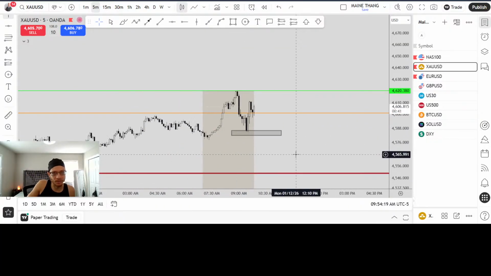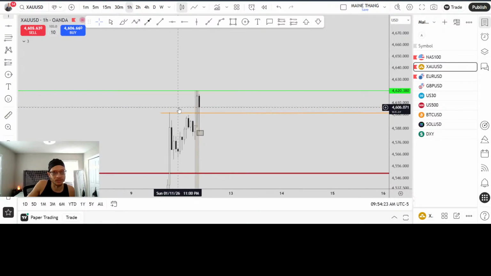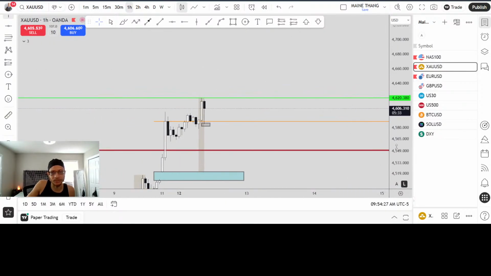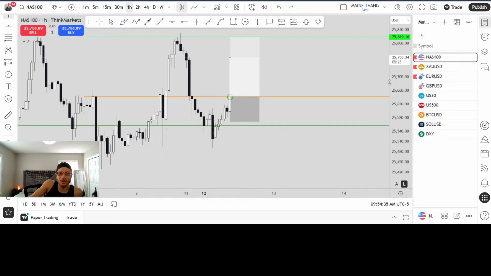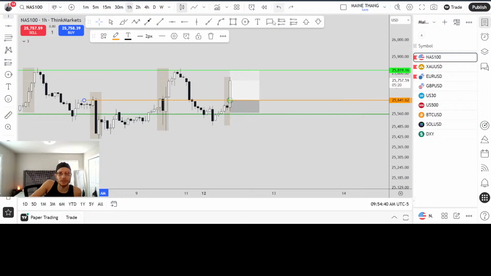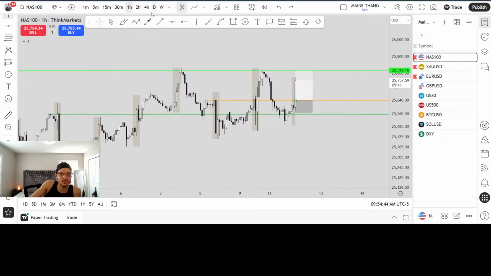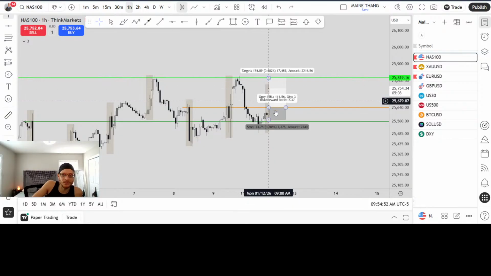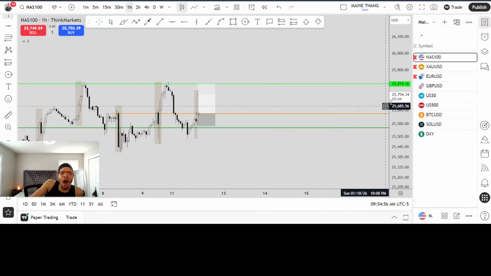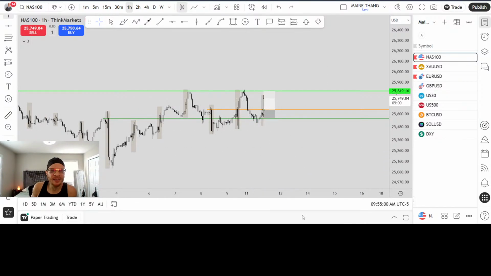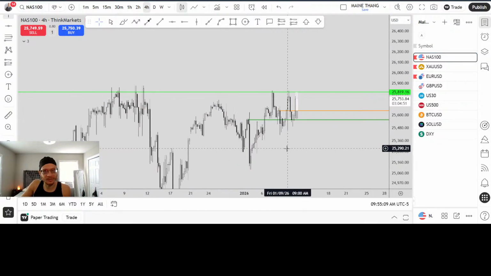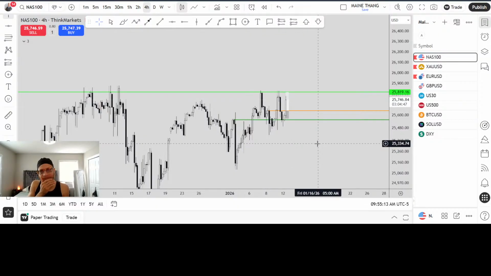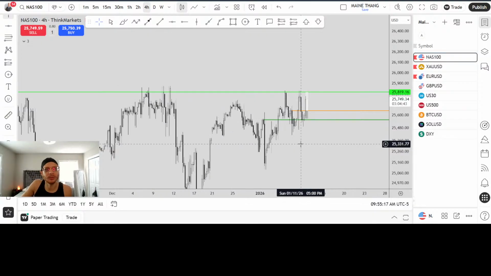And again, there's no structure really, so we wait. But gold is moving up, and NQ is moving up. Let's see if it wants to break these highs or is just going to stay sideways.